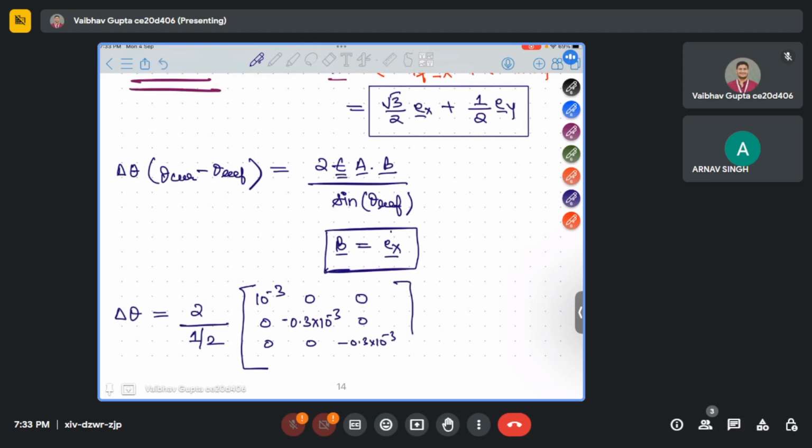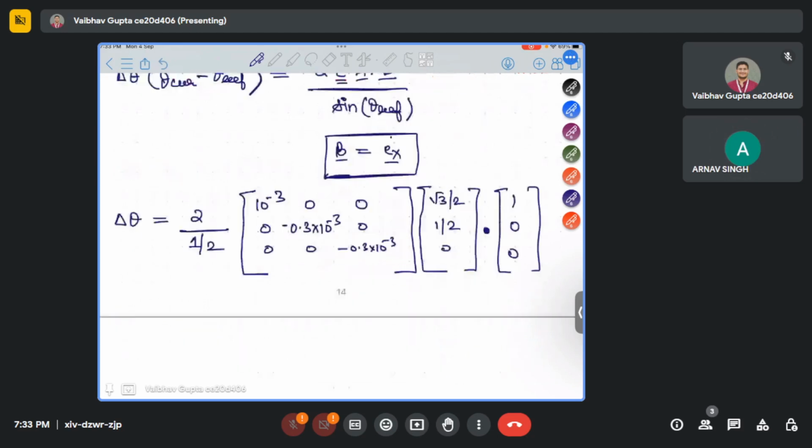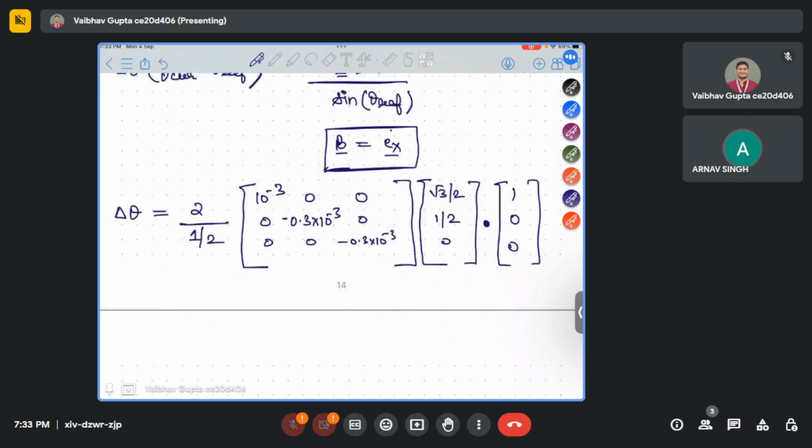This is the epsilon matrix. A is root 3 by 2, 1 by 2, 0, and B vector is 1, 0, 0. This is the dot product. Here you have to do matrix multiplication, and then dot product with the last one.